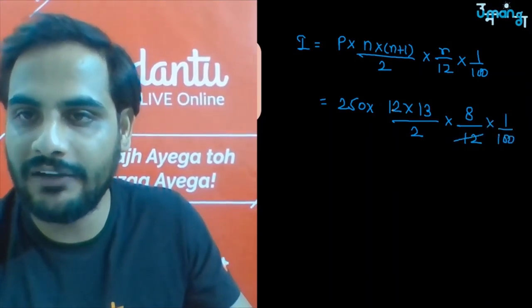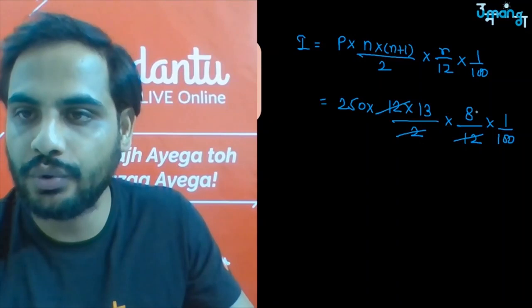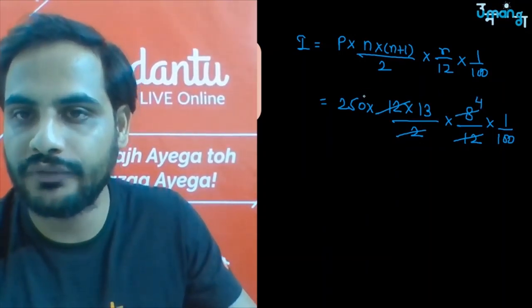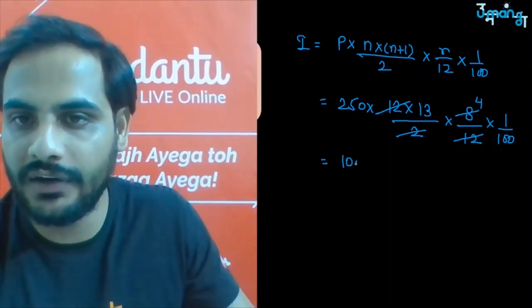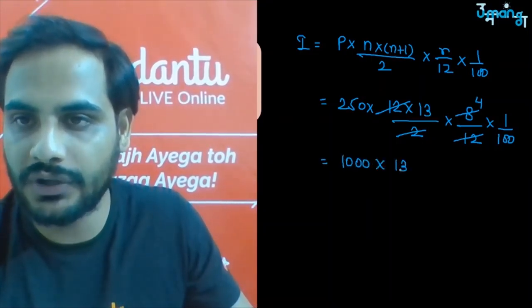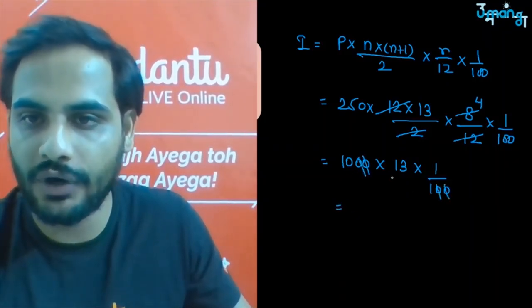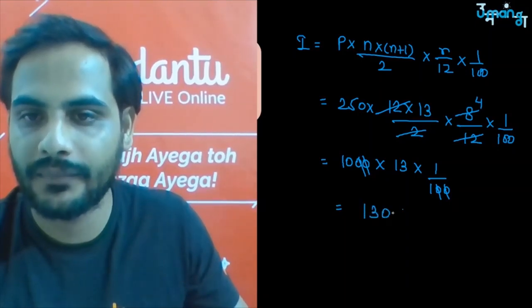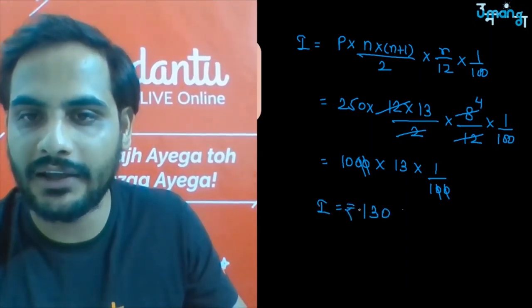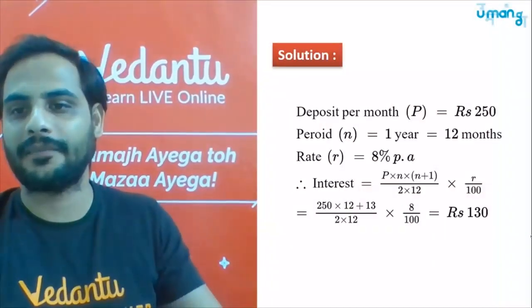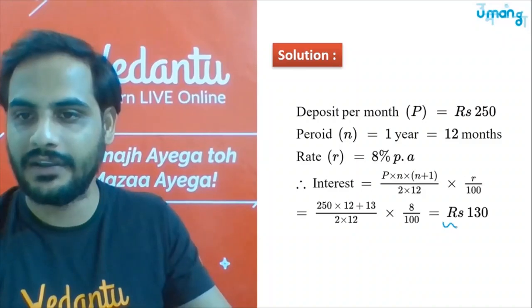Now see, 12 and 12 got cancelled. 2 4s are 4, into 250. 4 into 250 will be equal to 1000. So 1000 into 13 into 1 by 100 you have. So this and this got cancelled. So at the end you have got 10 into 13, which is 130. So the interest earned by you will be rupees 130.